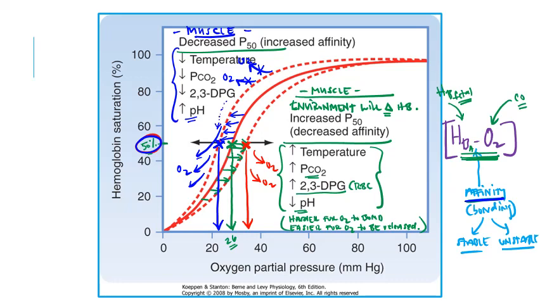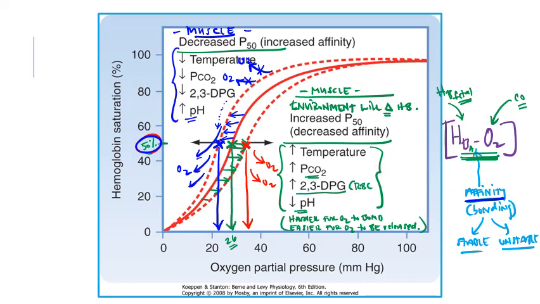So hemoglobin in a left shift, at least in the higher oxygen partial pressures, tends to act more like a vacuum of oxygen. It wants to bind to oxygen, it enjoys doing it, and when it binds, it does a really good job of it. But once it plunges into the depths of the lower oxygen partial pressures, below 30, below 20, that's when it really begins to dump all of its oxygen molecules at once.